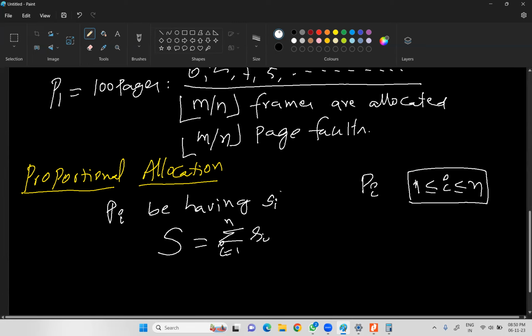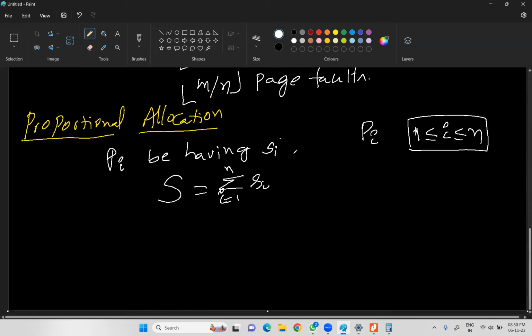Then let me consider one more thing here: the total number of available frames will be equal to m, for example.